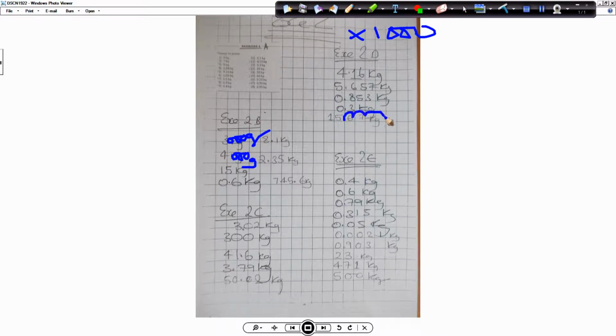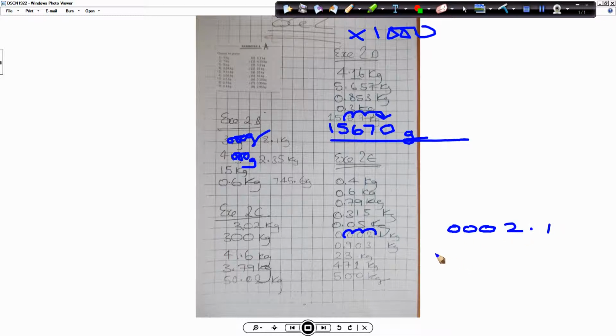1, 2, 3 jumps. Copy down 1, 5, 6, 7, 0 grams. Done. So it's 15,670 grams. Correct. You have 0.0021 kilograms. Grab the point. 1, 2, 3. So the final answer on the next line is 2.1.